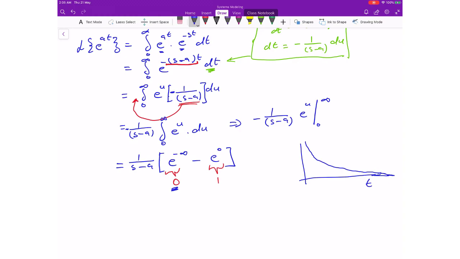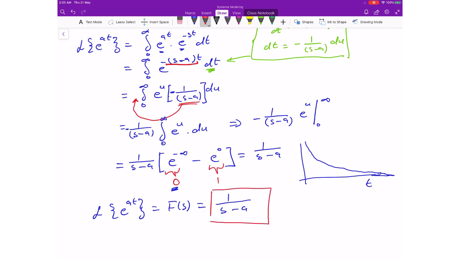So now this is equal to 1 over s minus a. So now we know that the Laplace transform of e to the at is equal to f of s, which is equal to 1 over s minus a. We are going to keep that in the bag.